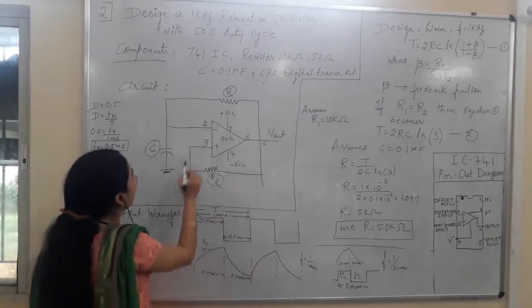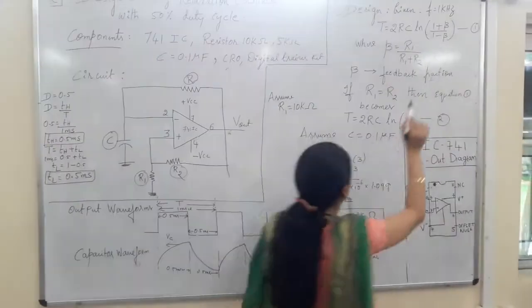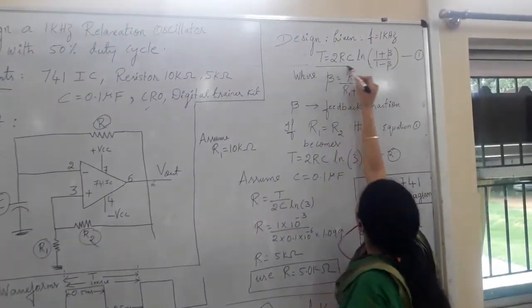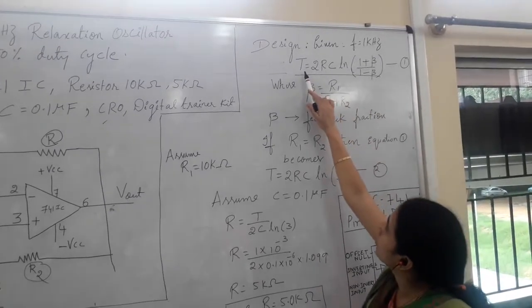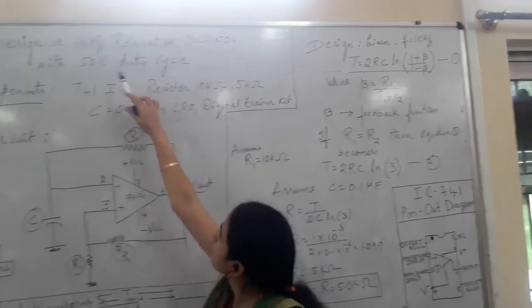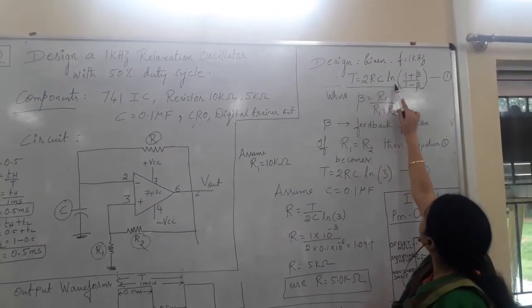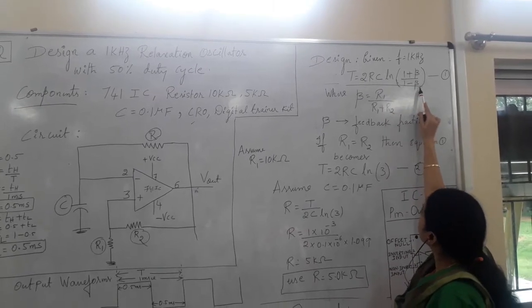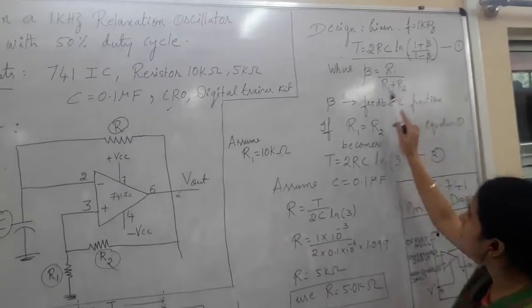So we'll see how to find the values of all these components. We have to make use of the data given as well as the formula of that particular oscillator. So we have to consider this formula. Given, frequency is 1 kHz. The formula is T equals 2RC ln((1 plus beta) by (1 minus beta)), where beta equals R1 by (R1 plus R2).